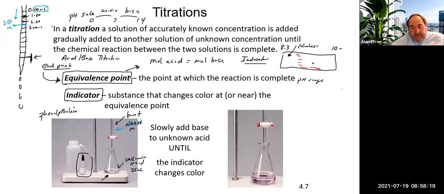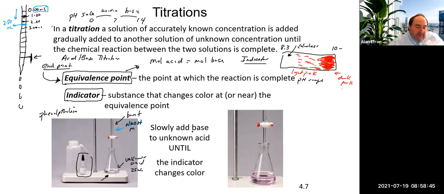Pretend my red is pink. Then as you get this way, it gets really, really pink. Pretend again my really dark red is really pink. So as we sort of move this way, it goes from a very light pink to a very dark pink. So it would make sense, as you see here when you do the titration.